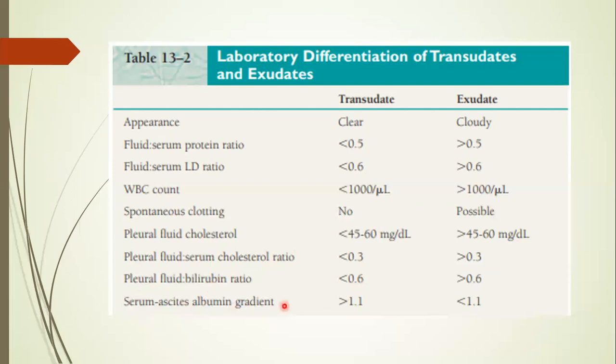Usually the SAAG is computed or reported when the fluid in question is a peritoneal fluid. You don't use SAAG in pericardial and pleural fluid, no? Only in peritoneal fluid. So how do you memorize this? Very easy. More or less, higher values are seen in exudates except for SAAG, which is higher in transudate. Very easy. But again, very important to remember, okay?